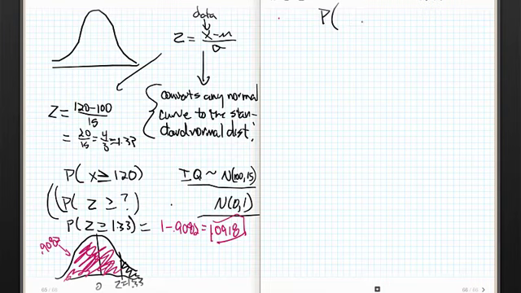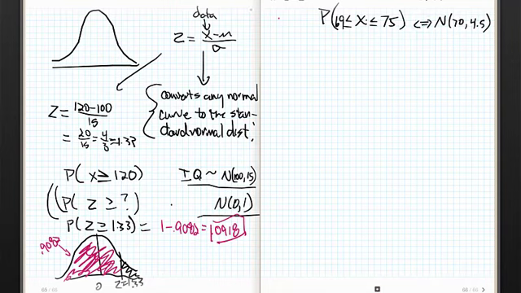So I'm going to select a male at random and find the probability that he is between 75 inches, which is 6'3", and 5'9", which is 69. Now, we know that men's height is a normally distributed variable with a mean of 70 and a standard deviation of 4.5. We don't actually know that because I just made it up. How could you possibly know that?